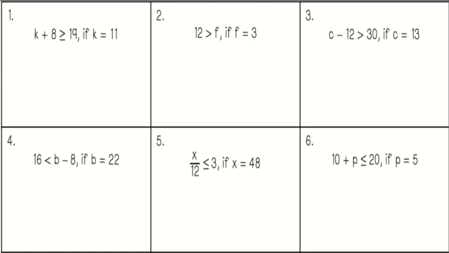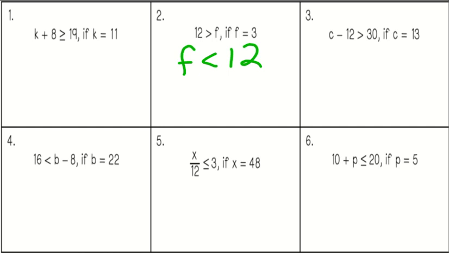What you need to realize, and let's go with number 2 here. I'll just flip it around. I've got f is less than 12, okay? How many numbers are less than 12? There are an infinite amount of answers.